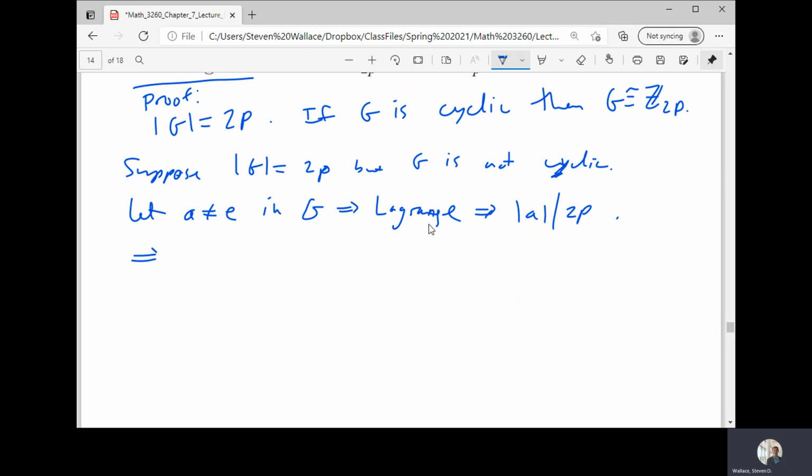The order of A is not 2p, so the order of A is either 2 or p. Those are both primes, right?